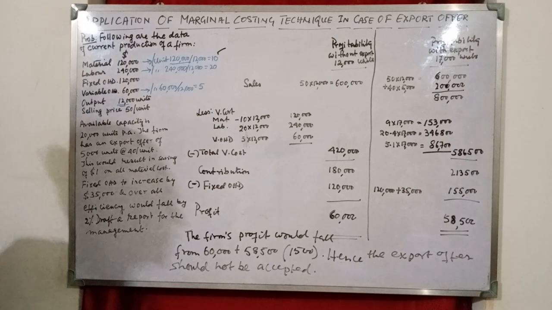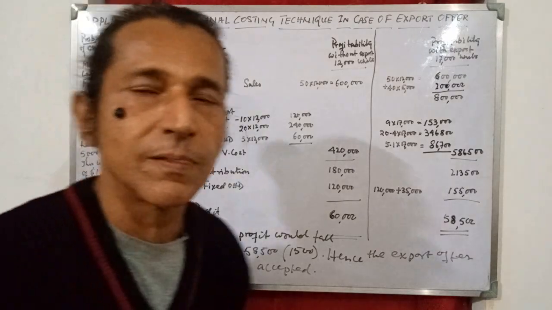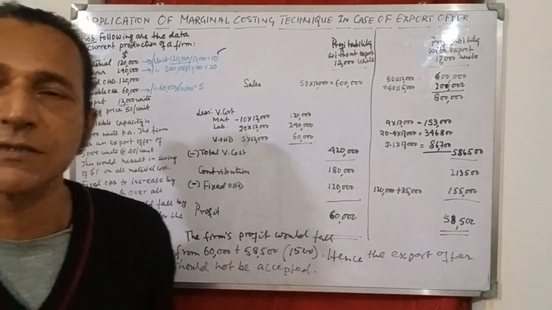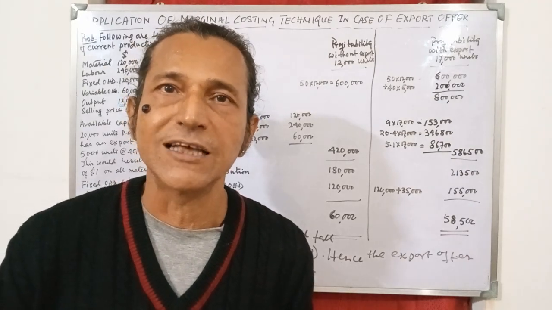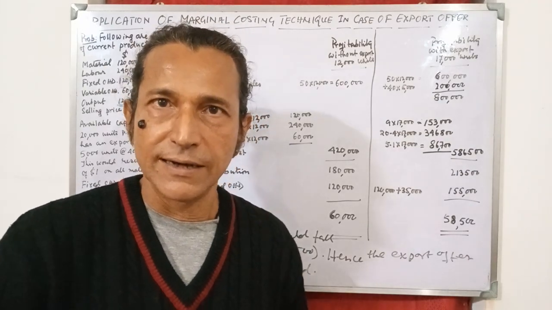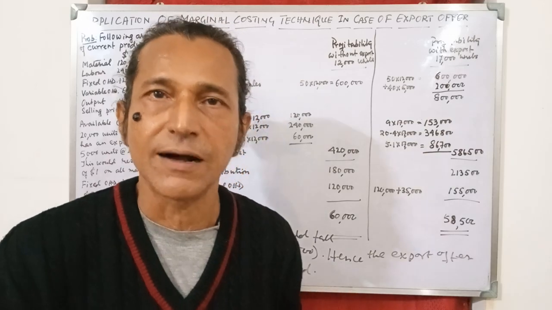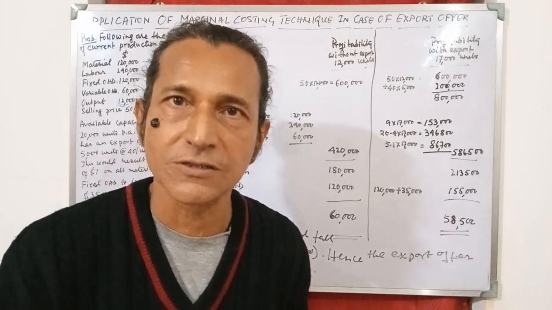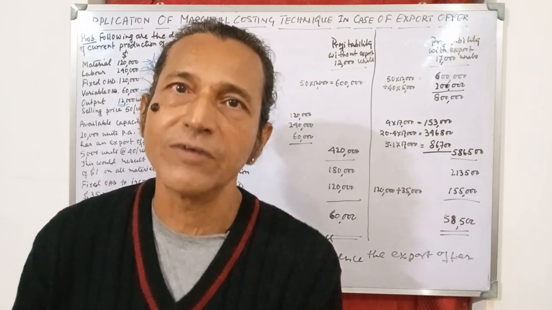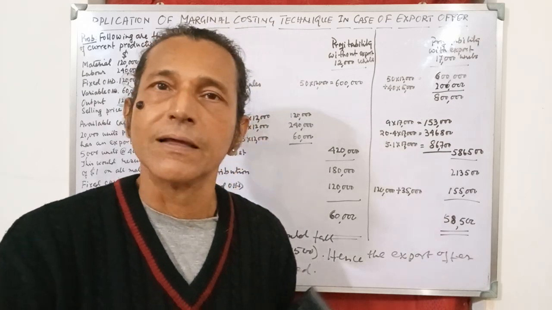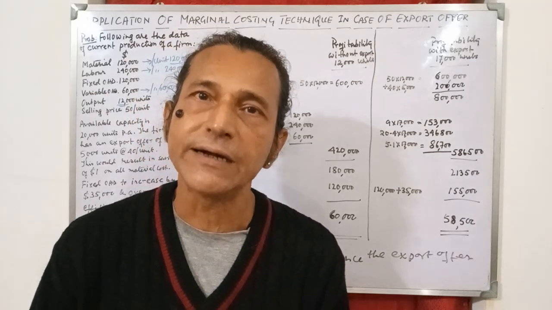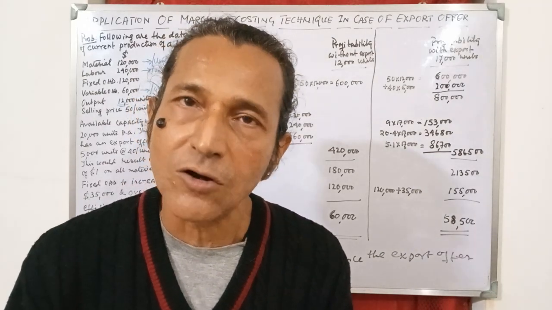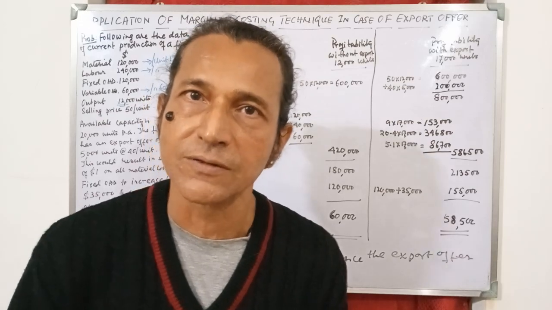So this is how you would hit the problem where it is said that the firm is contemplating accepting an export order, and there are certain changes in either fixed cost and or variable cost, and if there is any deficiency in production, remember, you would increase the labor cost and the variable overhead cost.